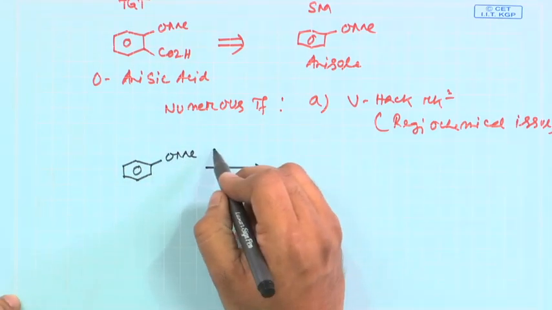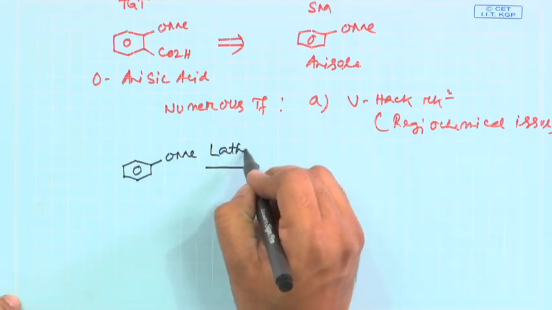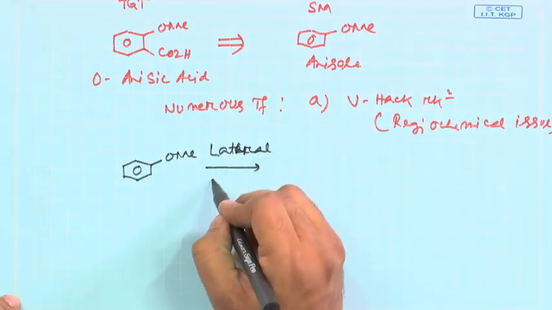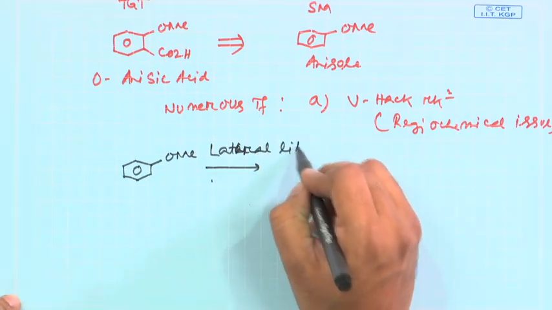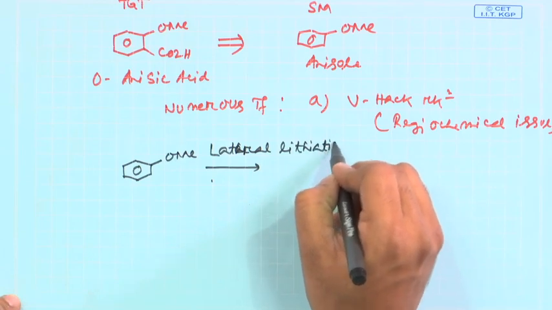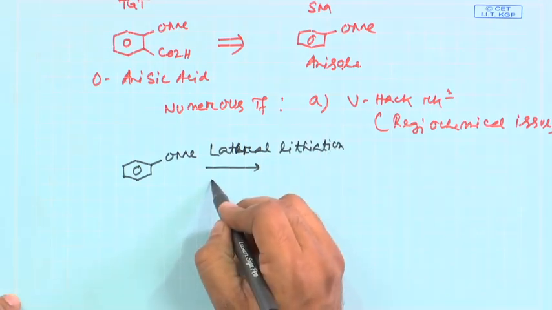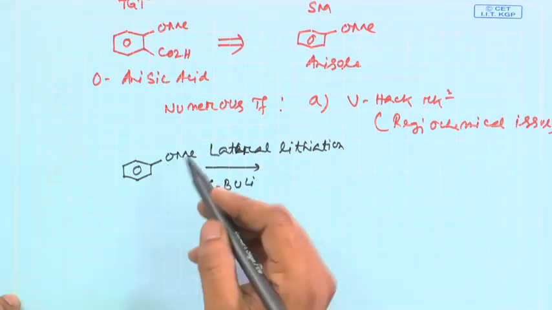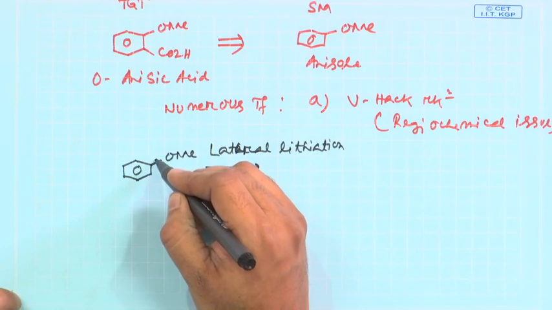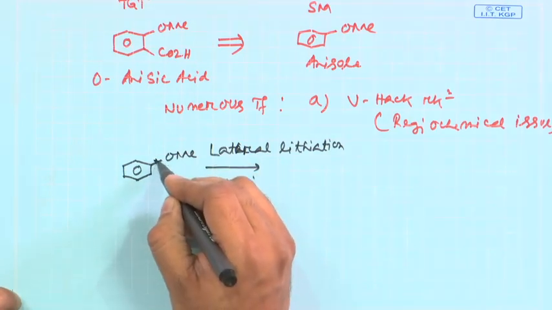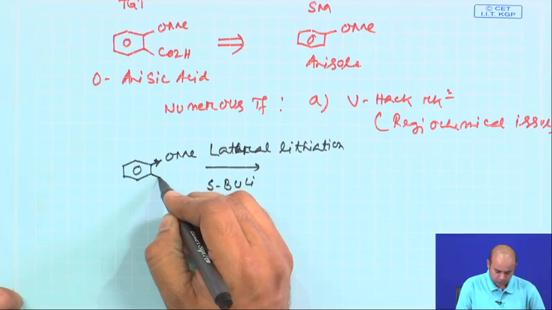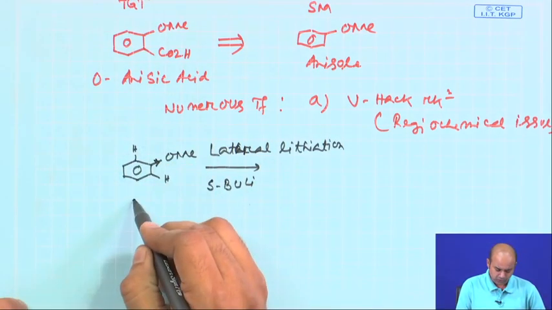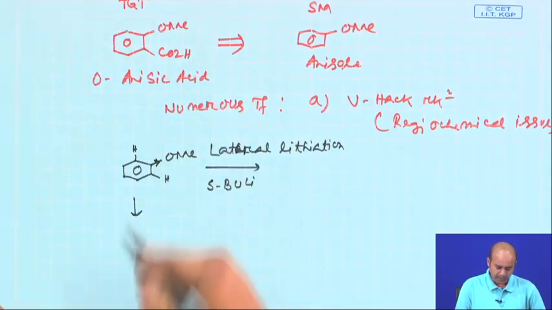When you have anisole as a compound and you subject it to a base, normally we use a base like sec-butyl lithium. The OMe group is an electron withdrawing group, and that is why the ortho hydrogens are a little bit acidic when attached to a vinylic or aryl system.